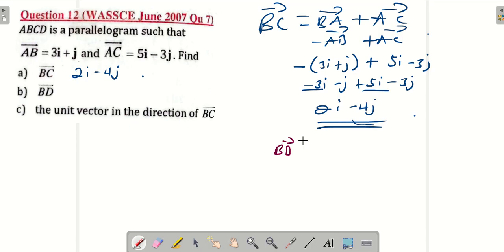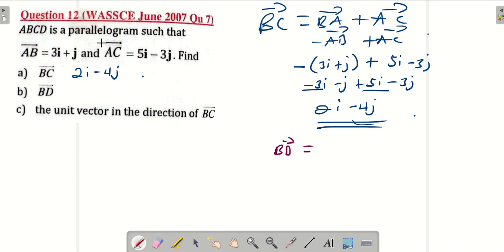Now we know that BD is equal to, we have C there, so BD can be BA plus, do we have D there?